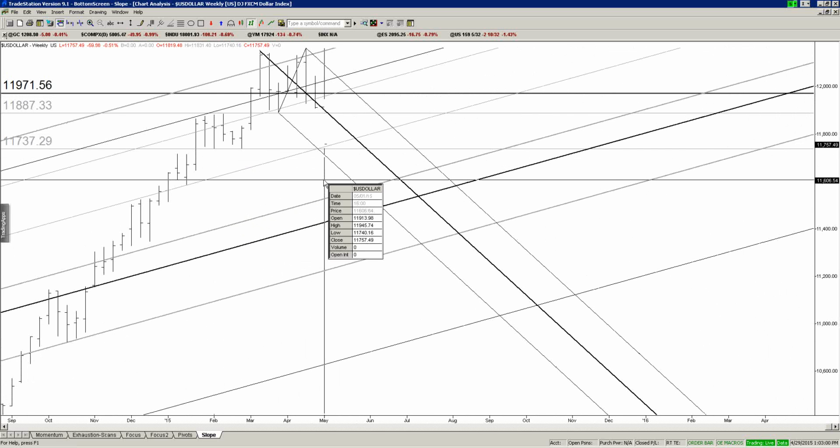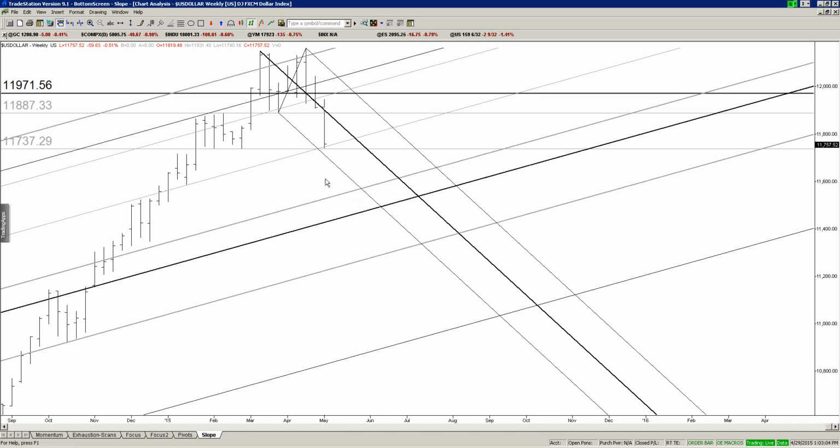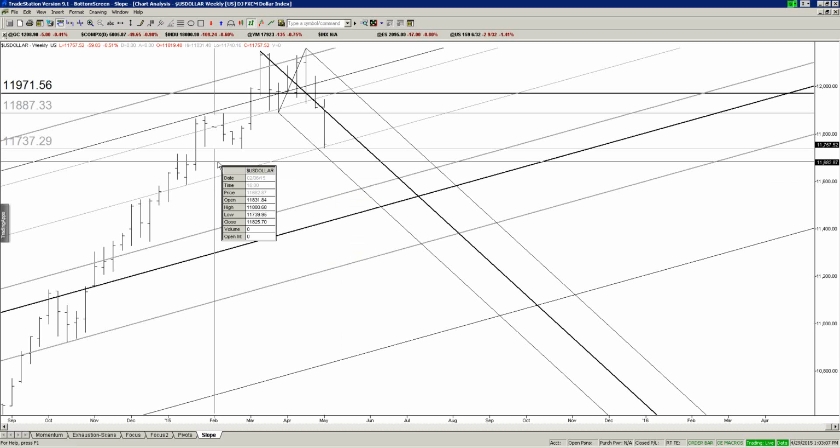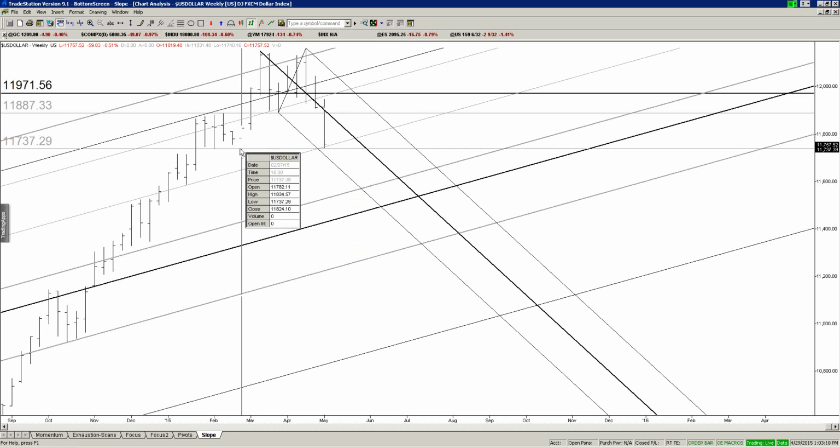Today's low might be about 3 points above the low from February. So we're coming into a level, horizontally as well as slope-wise, that could very well provide us with some sort of rebound.